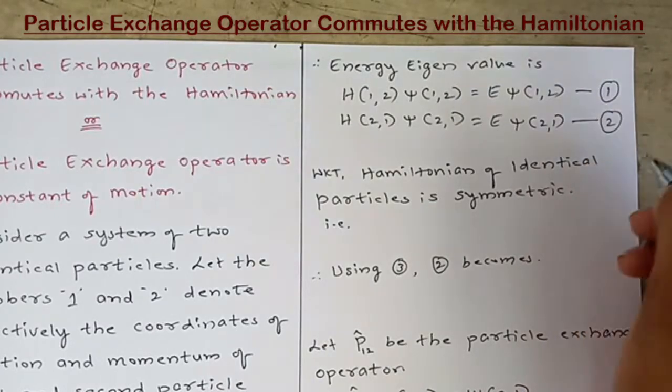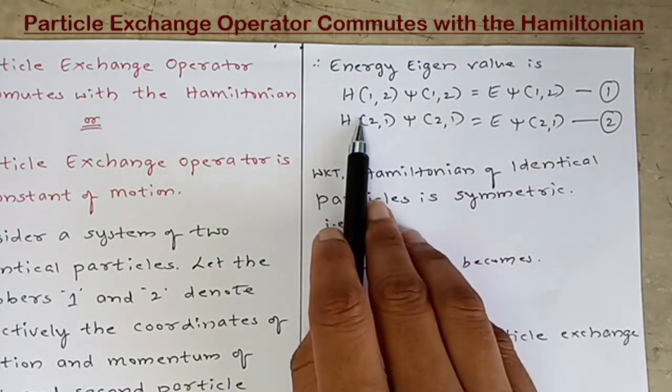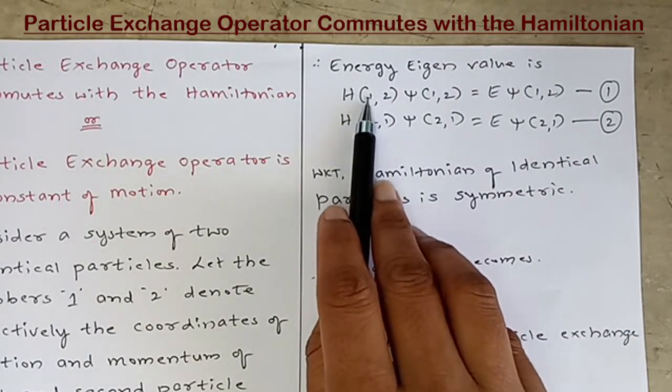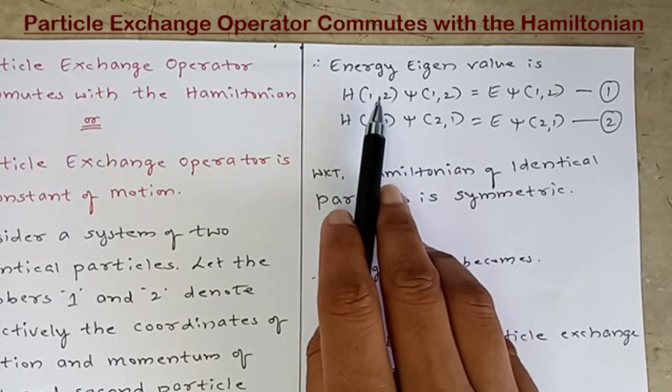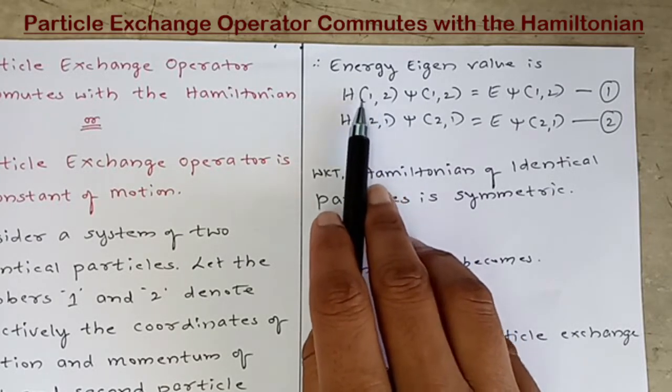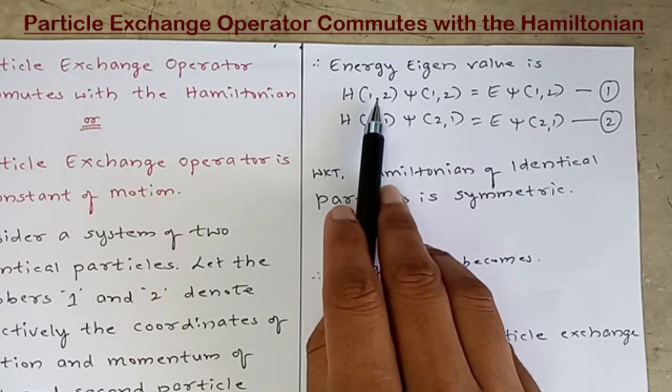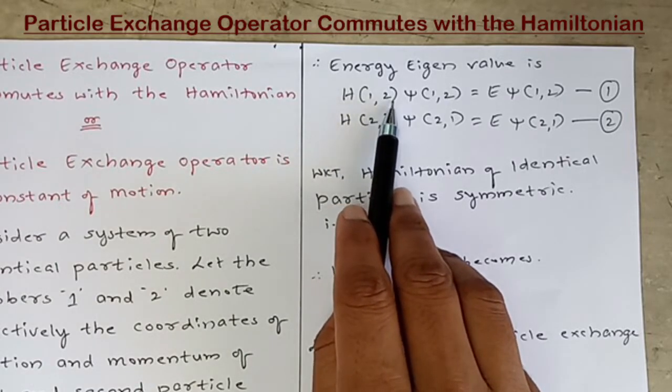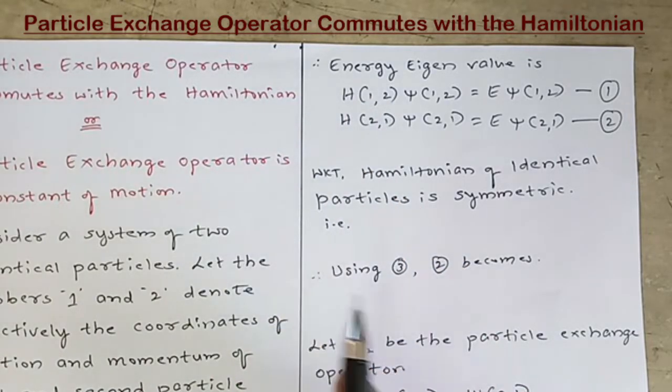Let us call this equation number 2. This is possible because whatever particles we are considering, particle 1 and particle 2 are identical particles.